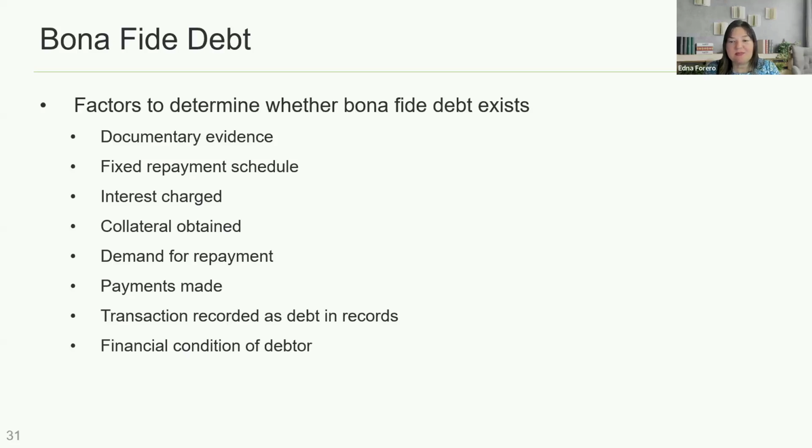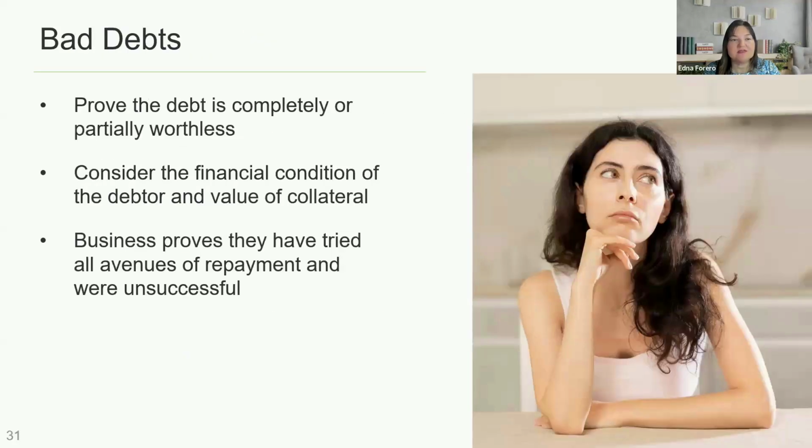So for IRS purposes, they want to make sure that there's actually something that can be followed, that there's some evidence to provide, because they don't give you specific guidance on what a debt is, for example, but we want to make sure that something is traceable, right? At the end of the day, is there something that we can determine whether this debt was actually a legitimate and eligible debt? So we've got to make sure that the debt is completely or partially worthless.